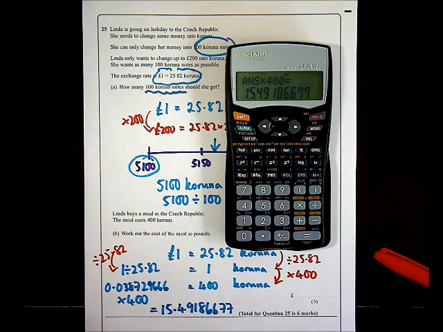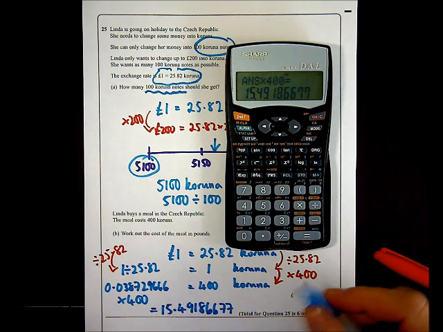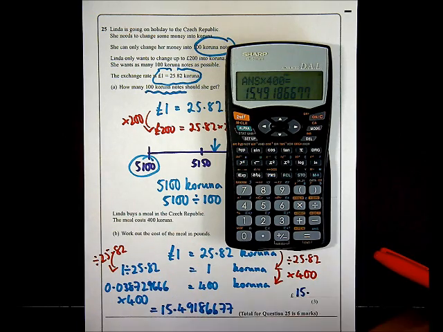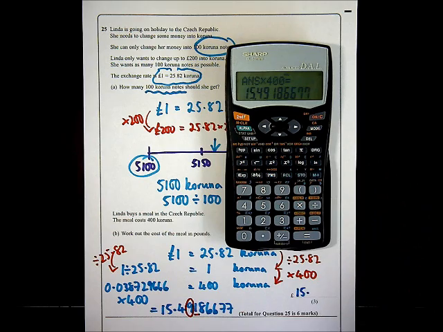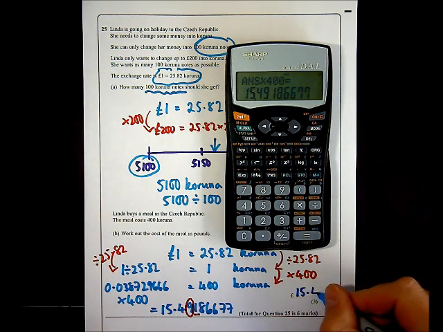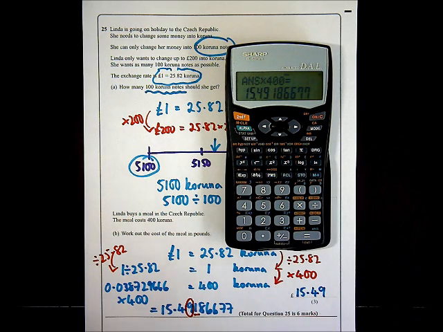And that is the total cost of the meal in pounds and pence, and an awful lot more. So I now want to round that, so that's going to be £15, and then I've got the pence. Now in pence, this is the second digit, so I'm going to look at the 1, and the 1 is going to mean that this stays the same as a 9, so it's going to be £15.49.